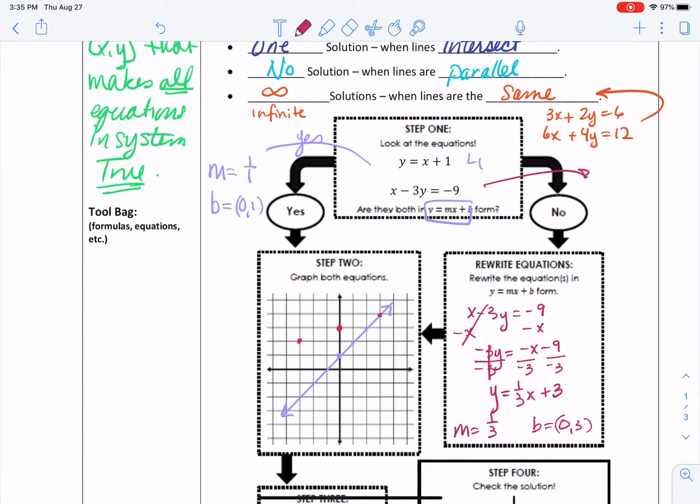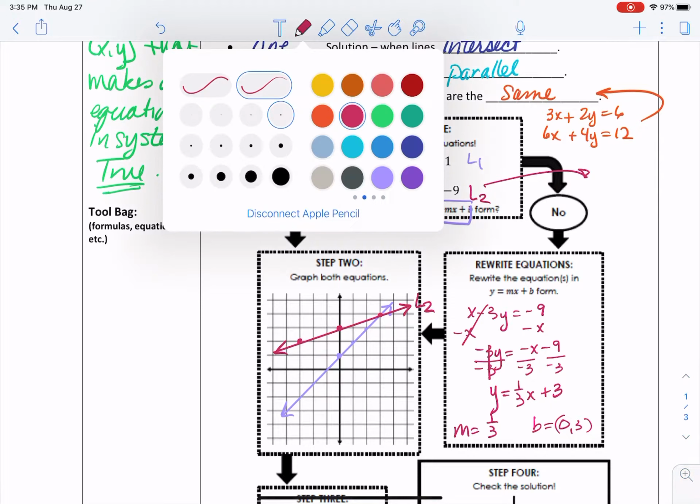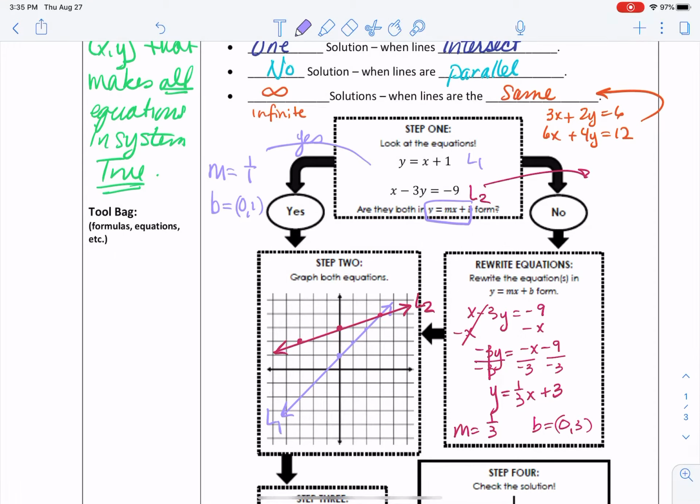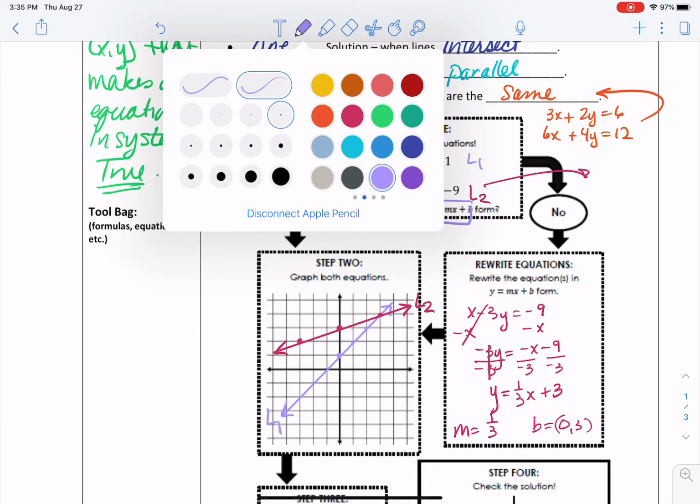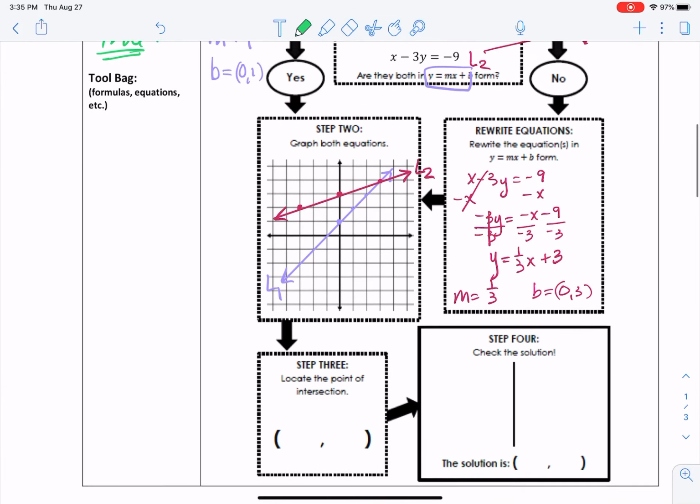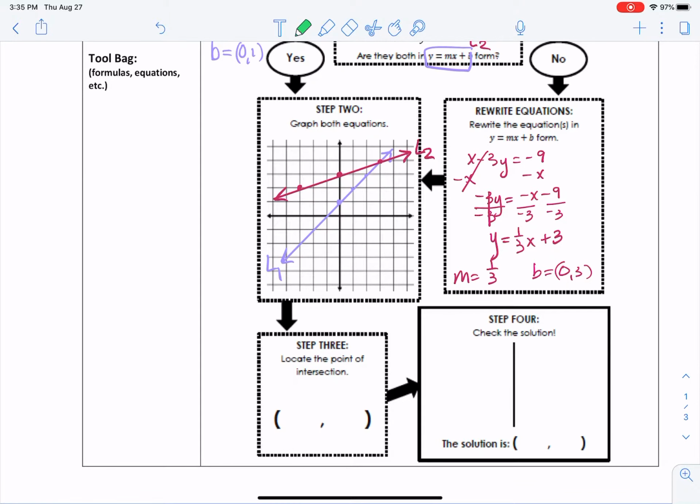So then when I graph that line, and that's pretty close, here's line 2, and here's line 1. We want to locate the point of intersection.